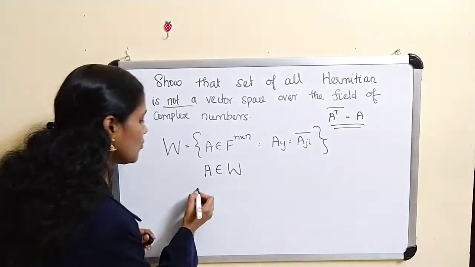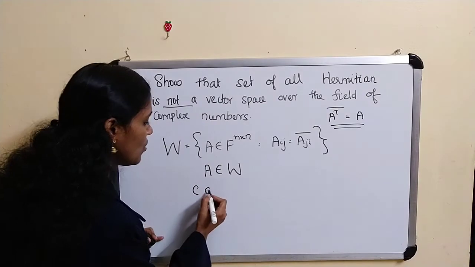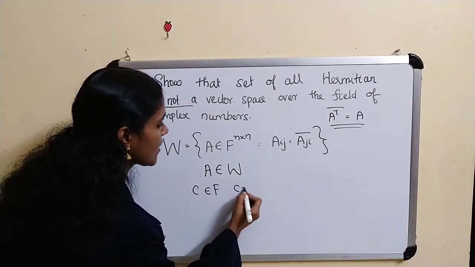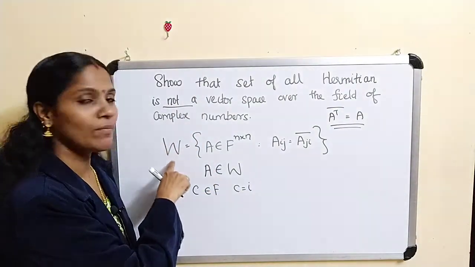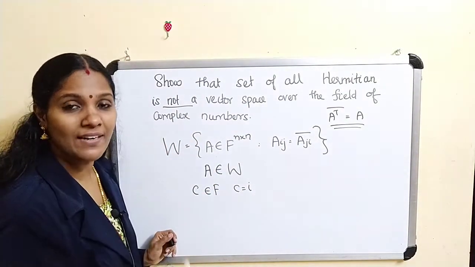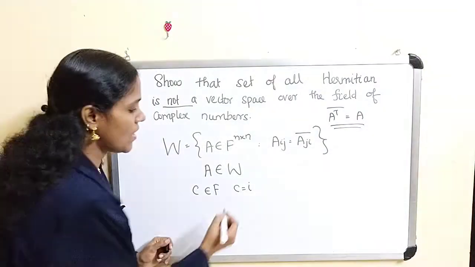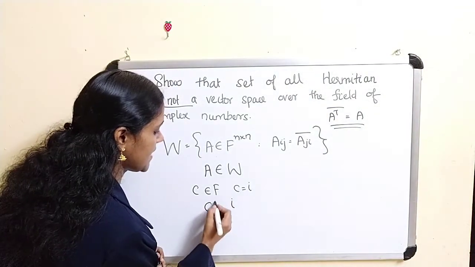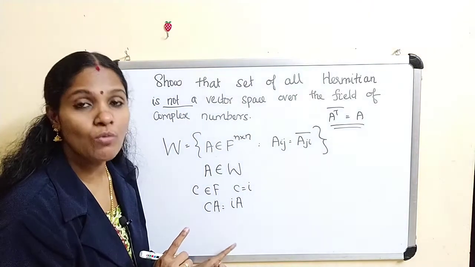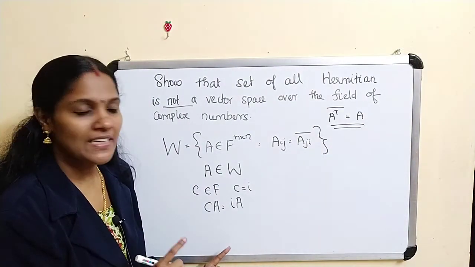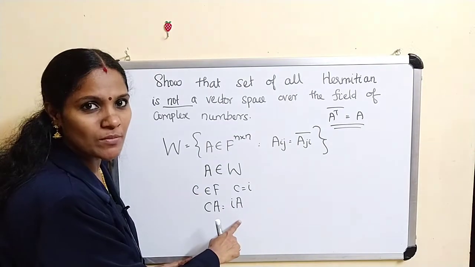And if you choose some c belongs to F with c equal to i, A belongs to W, therefore A is Hermitian, therefore the diagonal entries of A are clearly real numbers. Now what about cA? cA equals i into A. What about the diagonal entries of iA? Clearly these are not real numbers.